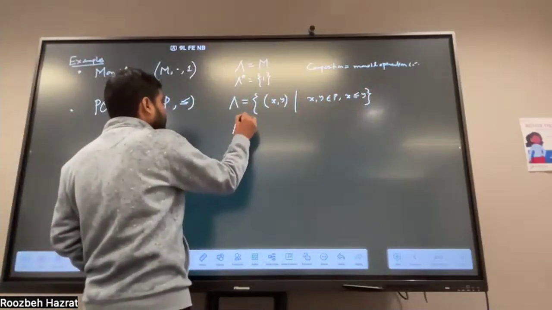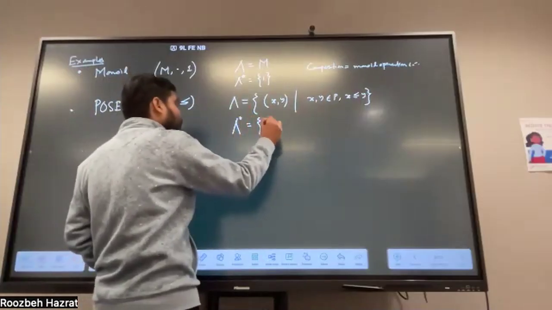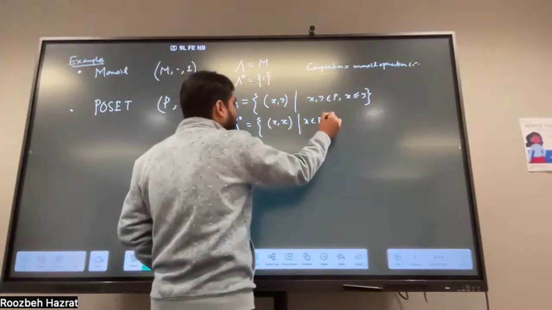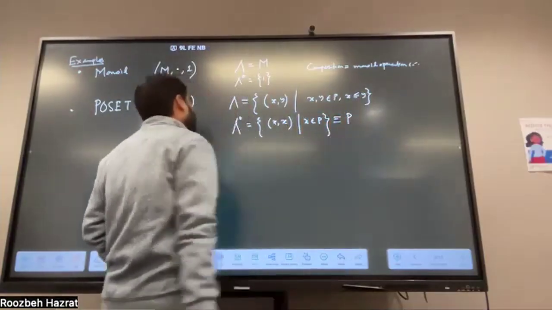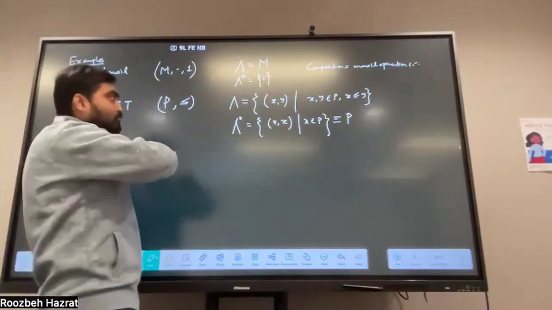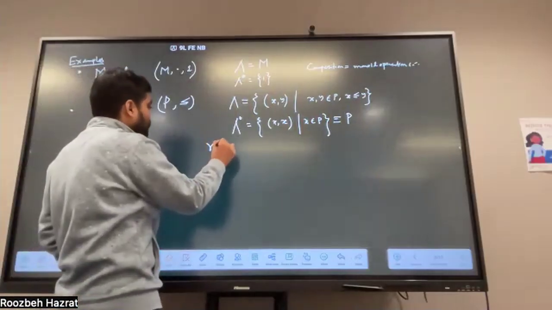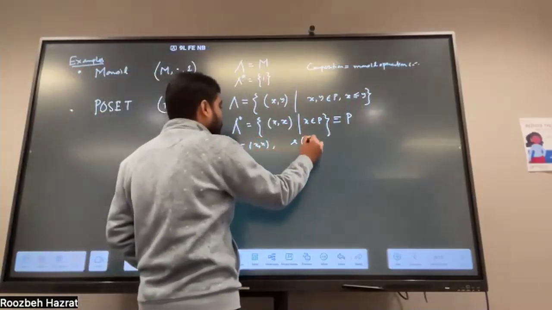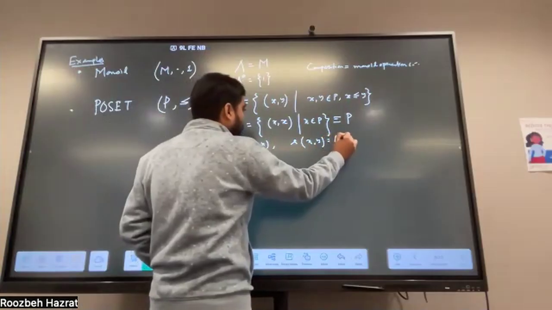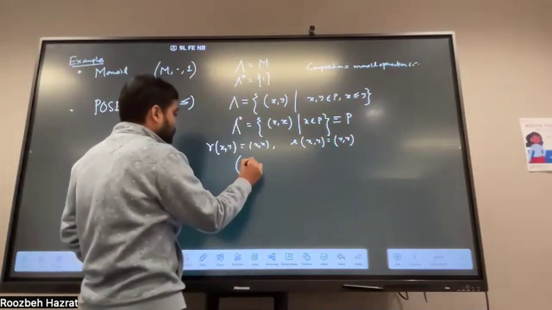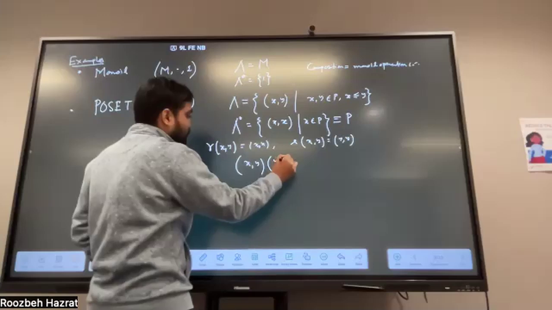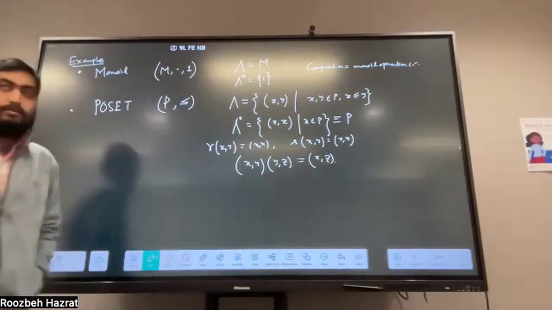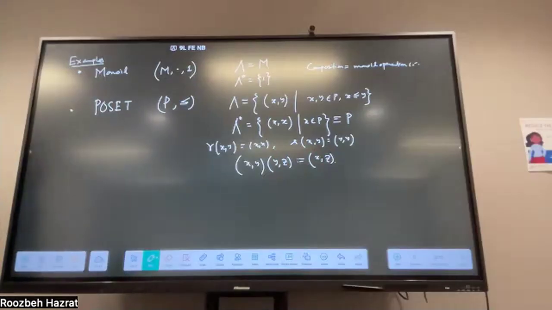And your Lambda naught is just this diagonal, the pairs (x, x), and obviously you can identify this with P. Range and source are obviously defined: range of (x, y) is (x, x) and source of (x, y) is (y, y). And the composition is using the transitivity relation. So you have another example of a small category.